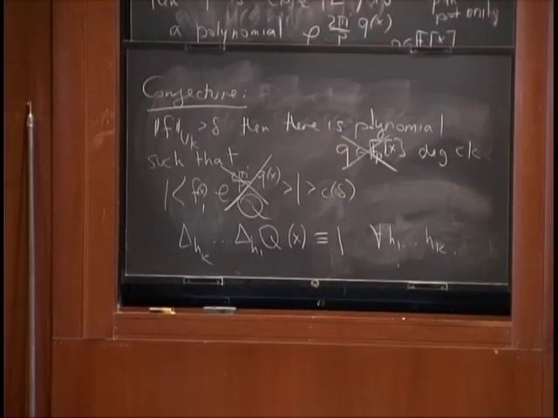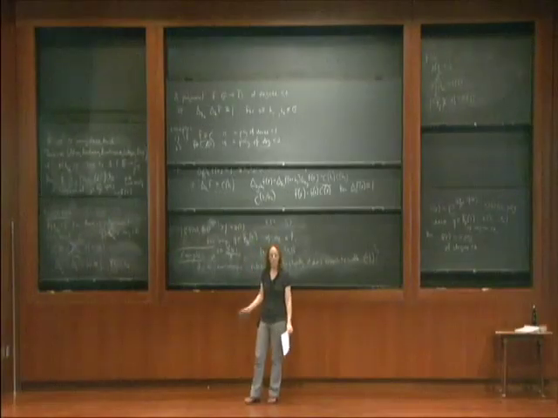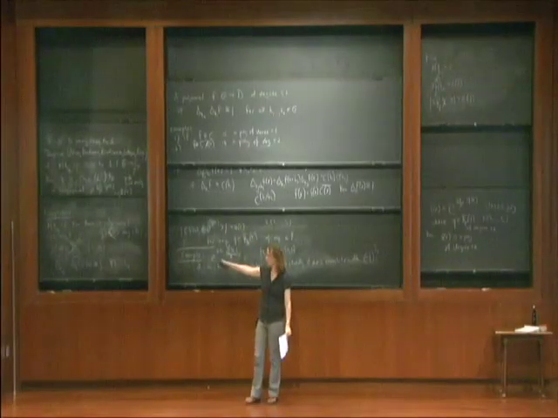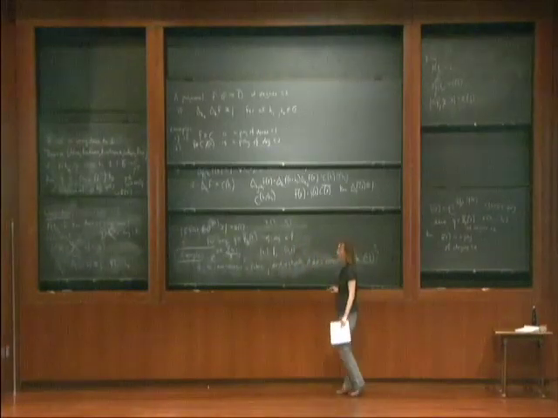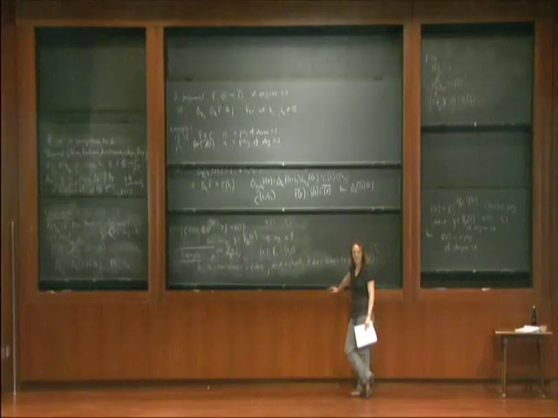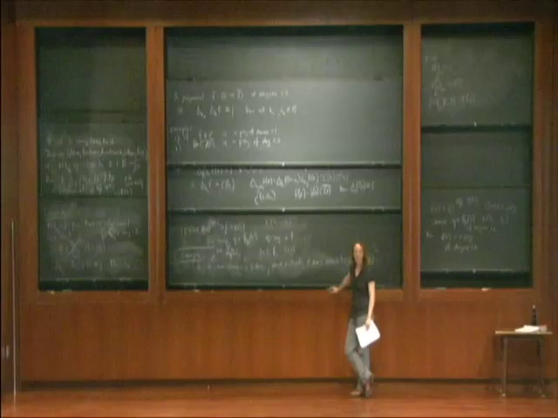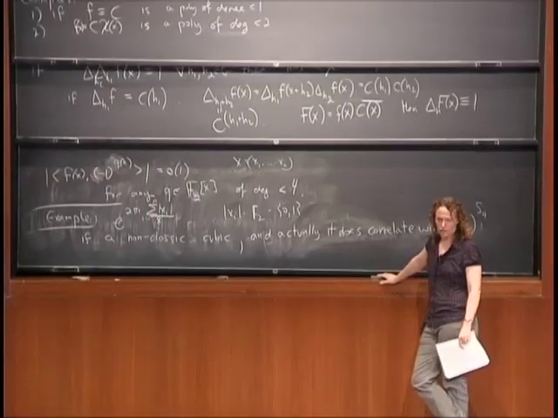Where now? Well, let me write what we know. So examples for all characteristic is when the polynomials are of larger degree than the characteristic.